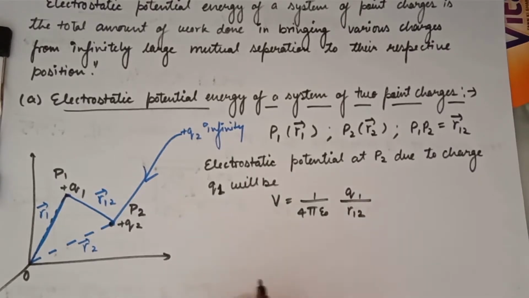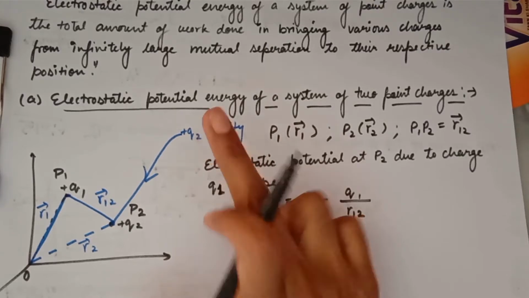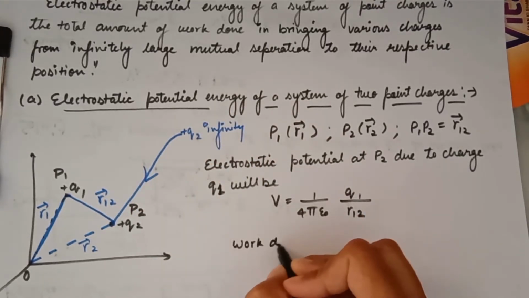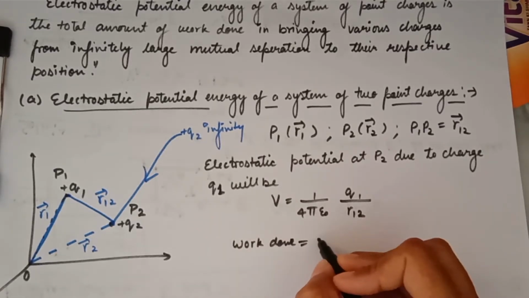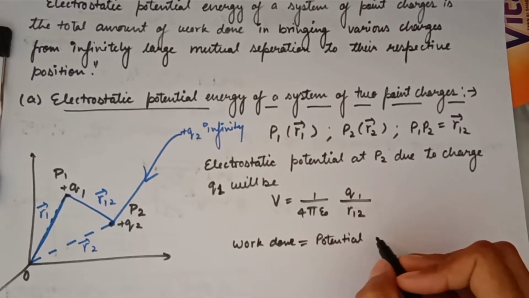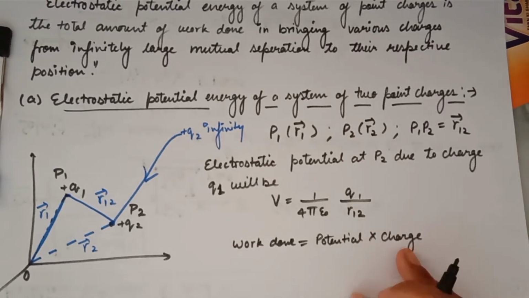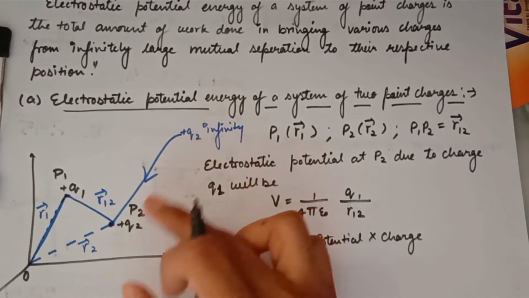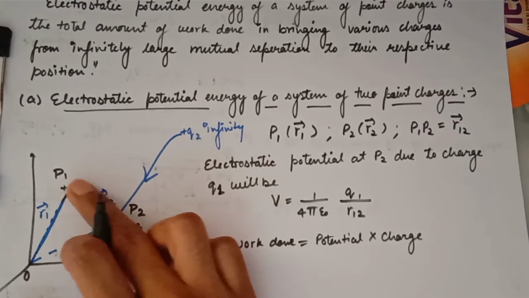By definition, we know the work done to carry a charge from infinity to P2. As you know, the work done is equal to potential into charge. So I write it here: work done is equal to potential into charge. Which charge? The charge I am bringing from infinity to that point in the influence of the potential of the first charge.